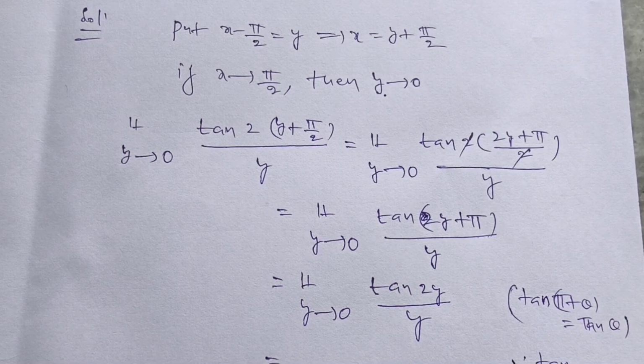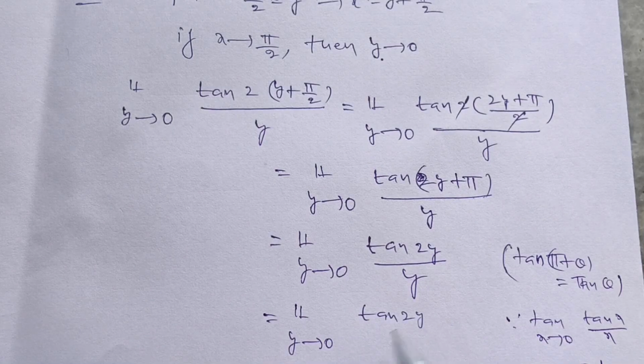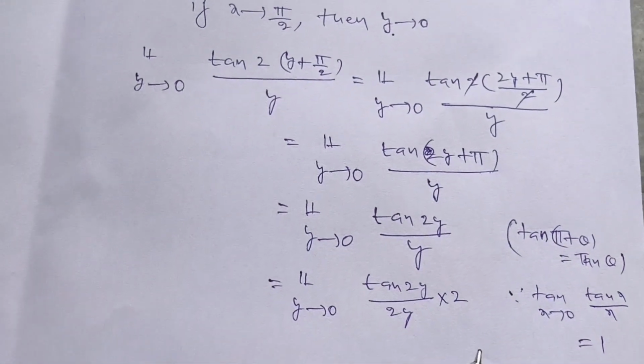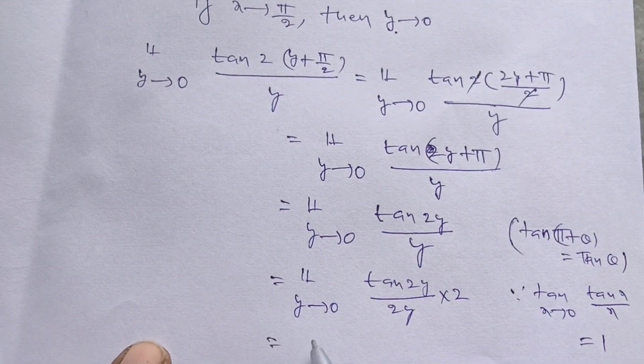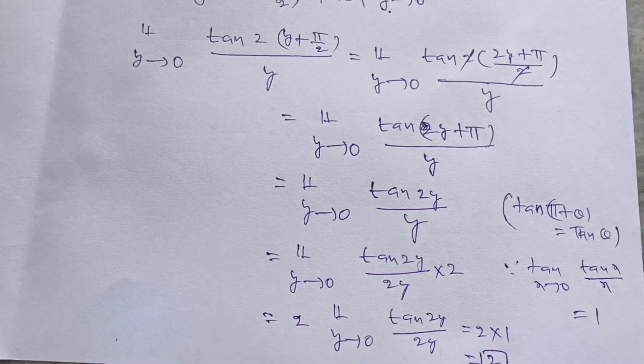So then tan 2y by y. So limit y approaches 0, tan 2y by 2y form, it is of the standard form by multiplying and dividing by 2. Now take 2 outside of the limit, 2 into limit y approaches 0, tan 2y by 2y. That is equal to 2 into 1.